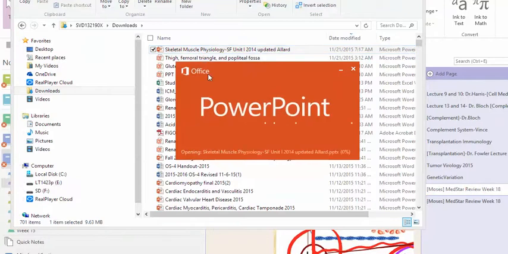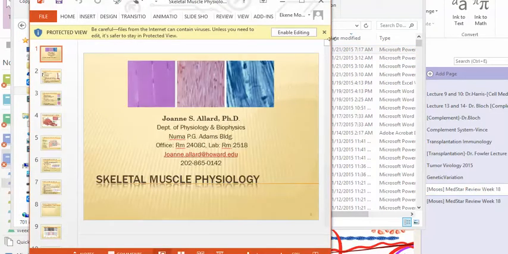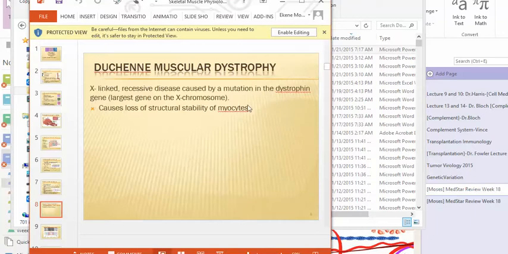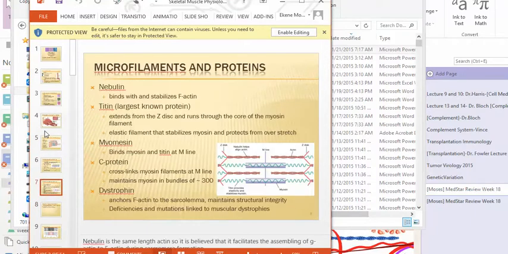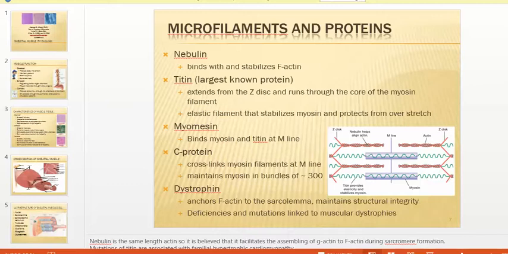Okay, hold on. Yeah, so it's going all the way through. It goes from Z line to Z line, but it goes through the myosin.